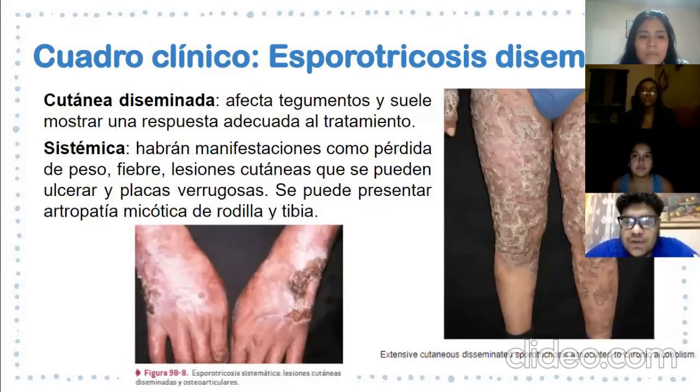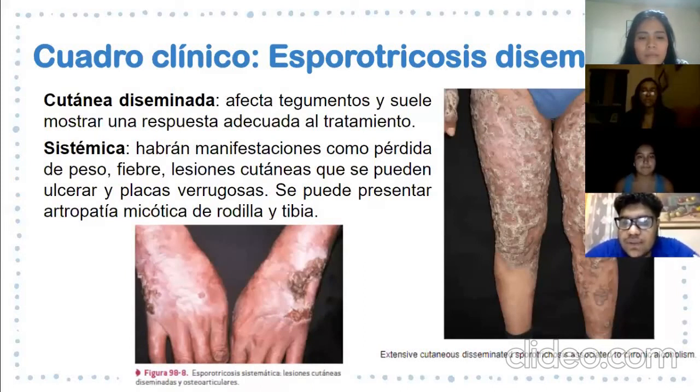Disseminated sporotrichosis. Disseminated cutaneous affects the integuments and usually shows an adequate response to treatment. Systemic: there will be manifestations such as weight loss, fever, and skin lesions that can ulcerate and form plaques.